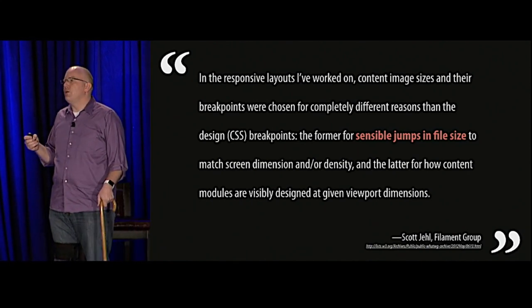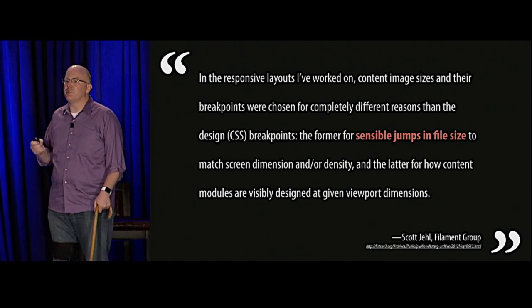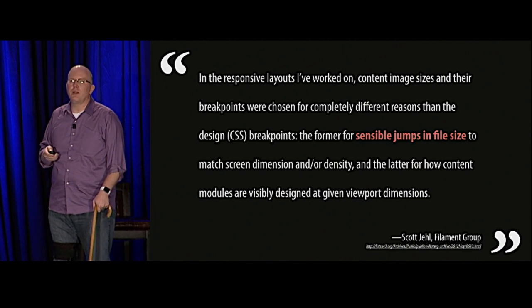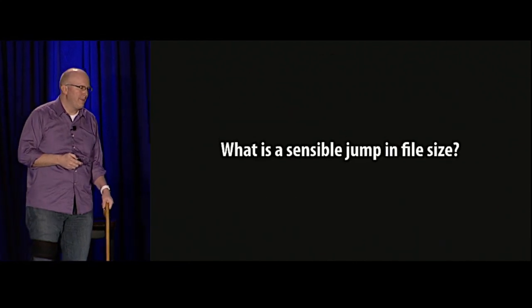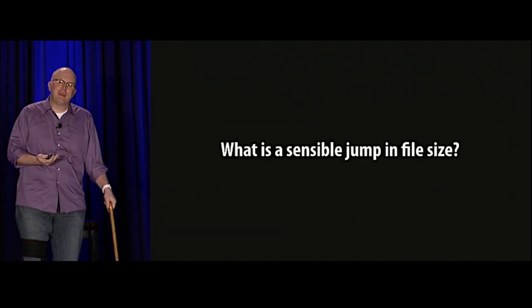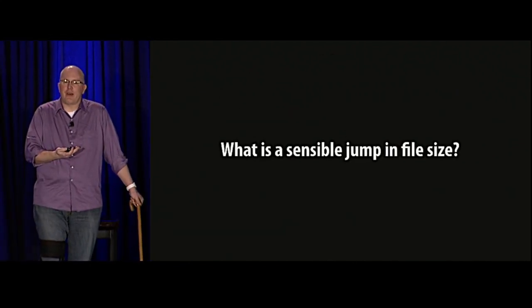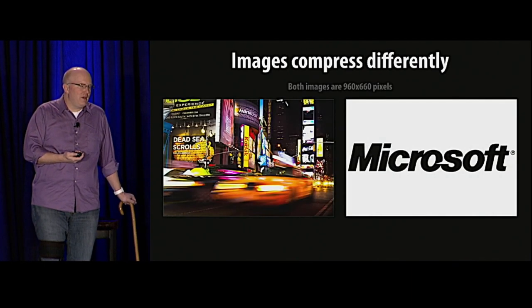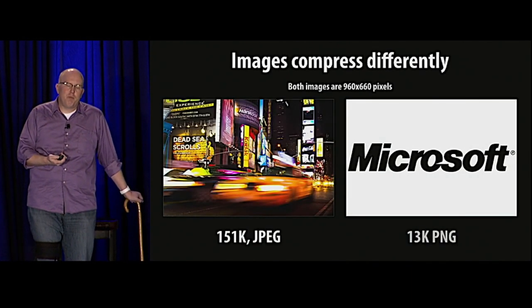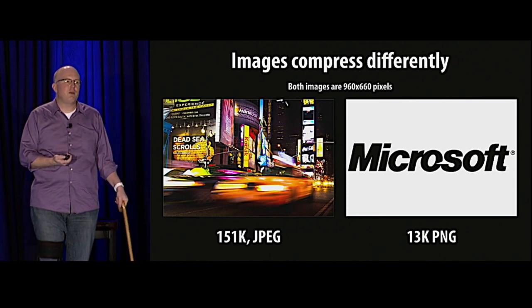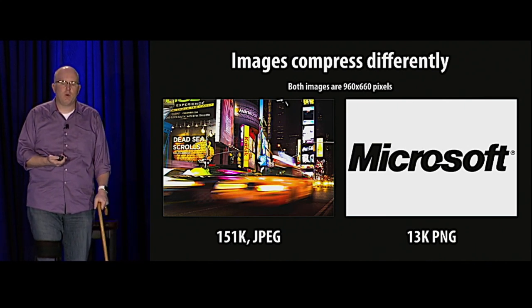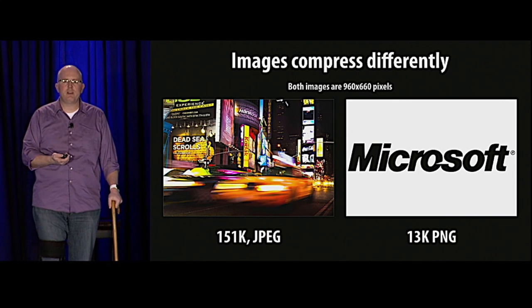But for images, he would pick images based on sensible jumps in file size. So when does it seem like we need an additional file because the files are getting too big? Which made me wonder, what is a sensible jump in file size? Because images compress differently. Both of these images are exactly the same size, but the one on the left is 151K as a JPEG, and the one on the right is 13K as a PNG.